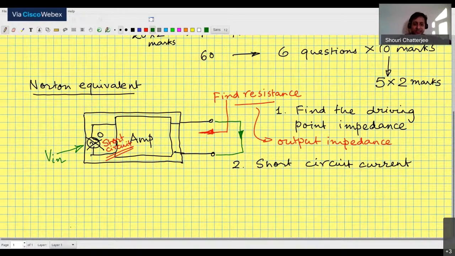Okay. Then the overall model is going to look like this: I short circuit, which you have measured, and this one, let's call it Z out.